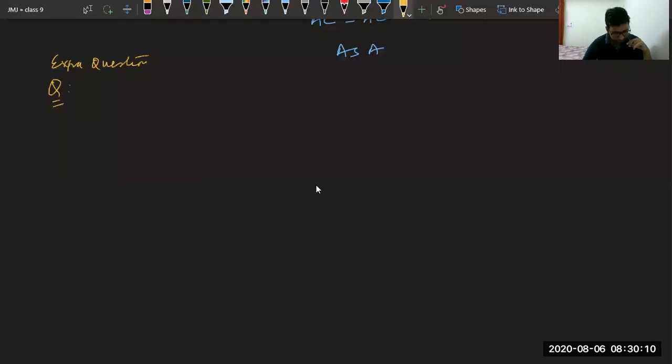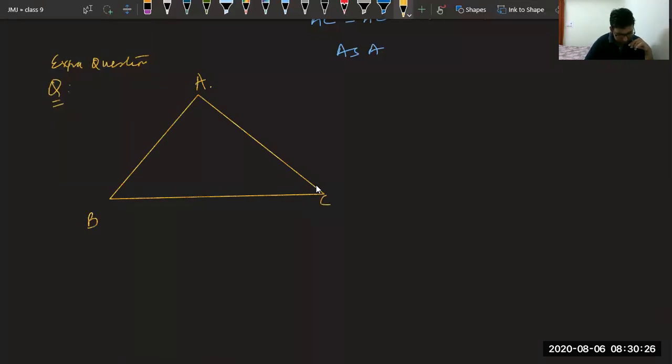P, Q, R are respectively midpoints of sides BC, CA. Okay, we have a triangle first of all. Triangle name is ABC, I guess? Yes. It is A, B, and C. P is midpoint of BC. Q is midpoint of CA.